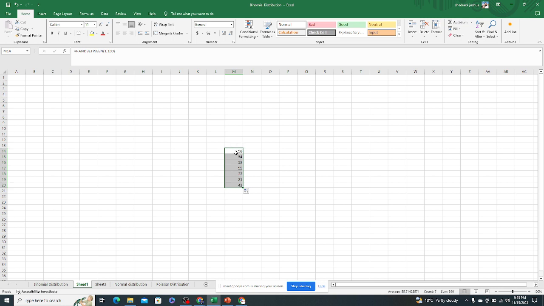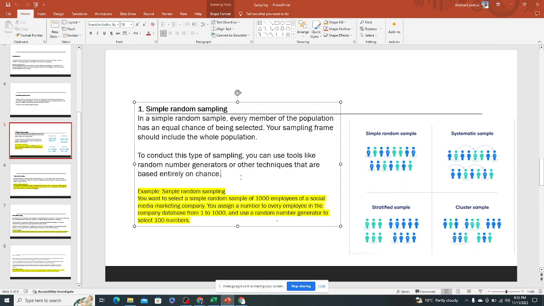In this case I might go and pick the 98th person, the 54th person, the 58th person, or even not use the random generator. I can pick this person from this department, that person from that department. You are randomly selecting people.